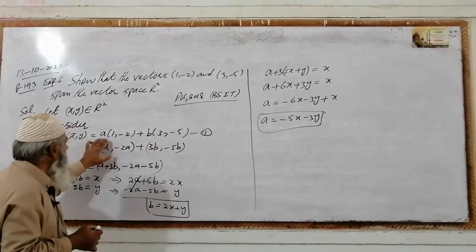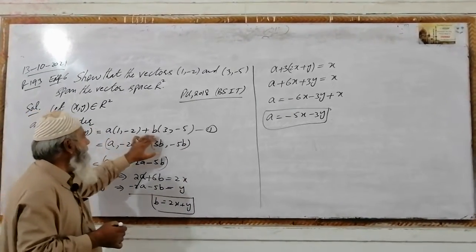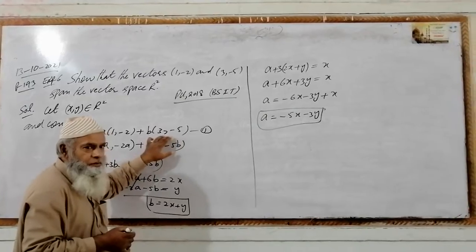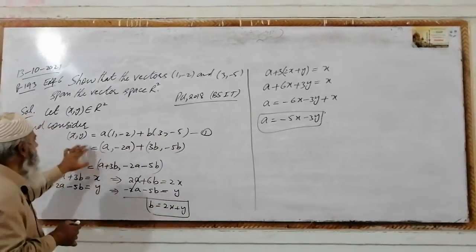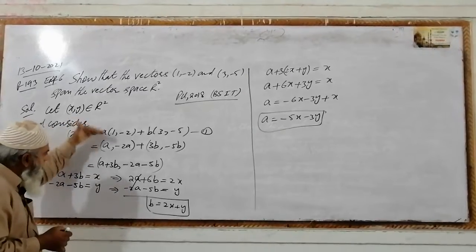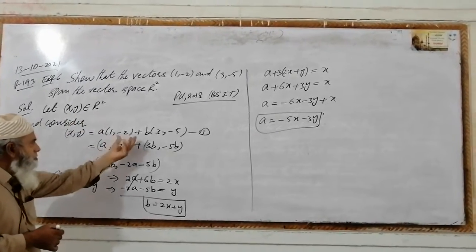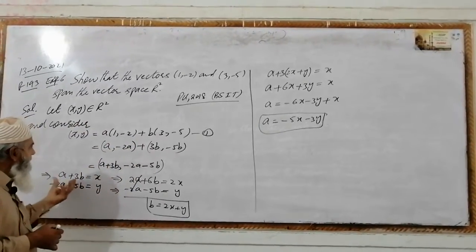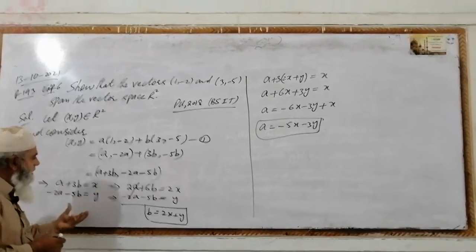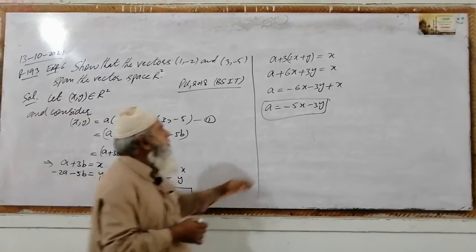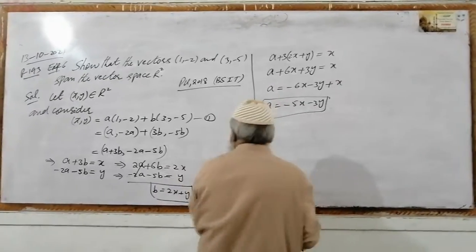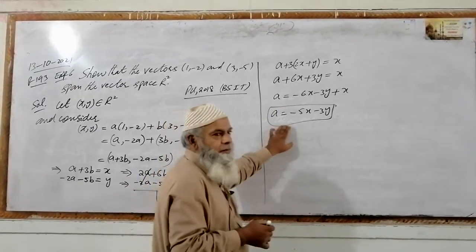We write a into the first vector plus b into the second vector, and we assume this is equal to (x, y). Adding these two vectors and comparing the corresponding components, we have two equations, and solving them we succeed in finding the values of constants a and b.